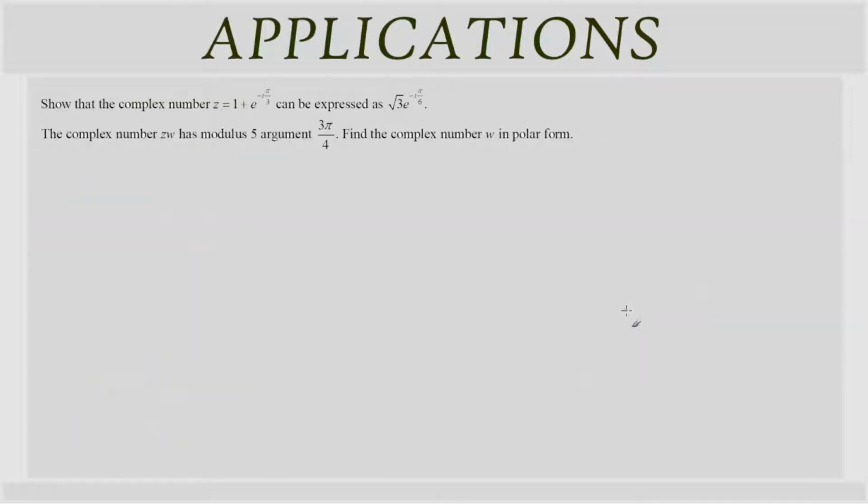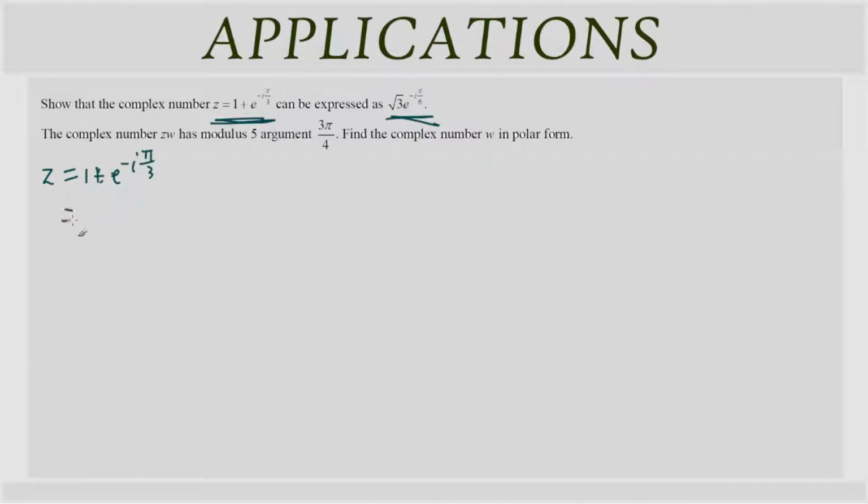Moving on to the next question, we have shown that the complex number, which is this one over here, can be expressed as this complex number over here. So let's solve the first part first. The skill in this question is converting from polar form into Cartesian form and then converting it back into polar form.